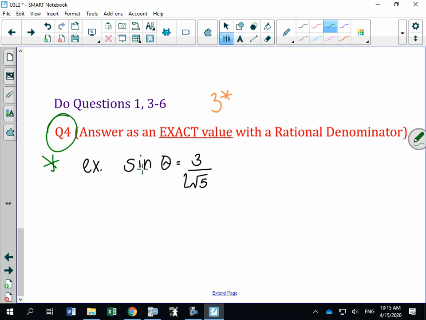So if you get a ratio and you get a radical in the denominator, what I need you to do is get rid of that radical by rationalizing it. So times both numerator and denominator by root 5. And we would get 3 root 5 over 2 times 5, and that would be 3 root 5 over 10. So again, when you do question 4, you're going to get a radical in the denominator, and you've got to get rid of that radical by rationalizing it.